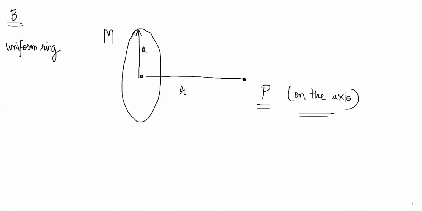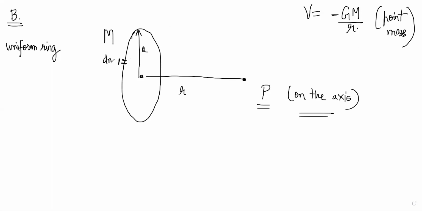These are the derivations where you will be using integration. The idea here is simple. We know potential due to a point mass is minus GM by r. But now it is no longer a point mass. It is a uniform body. So you will break the whole ring into small portions. This is, let's say, some small portion.